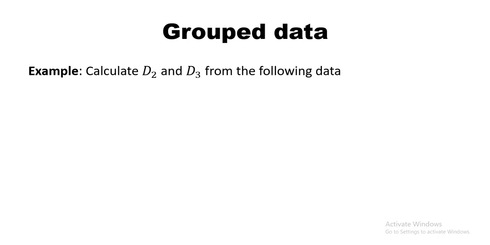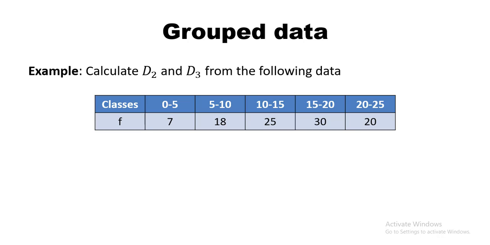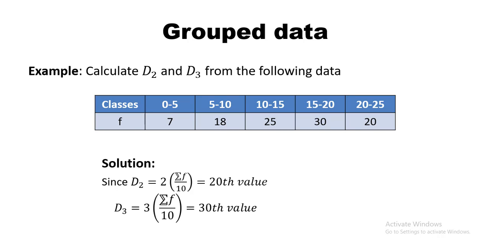Moving on towards case 3, which is grouped data. Now calculate D2 and D3 from the following data. This is my grouped frequency distribution, and I'm asked to find out the second and third deciles. In order to find out these values, first of all I need to know the class, that is the second decile class and the third decile class.